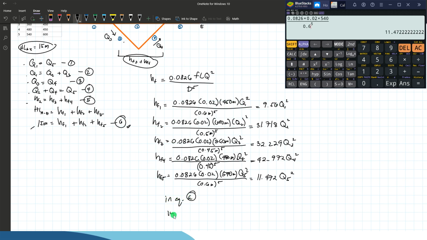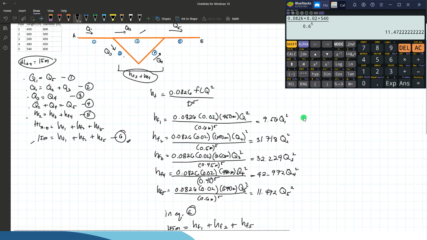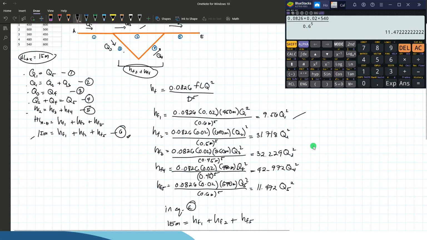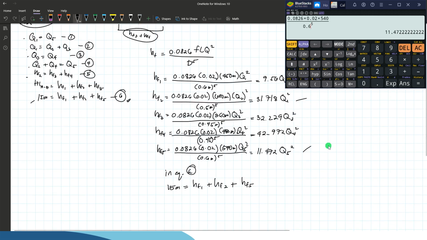We have 15 equals to hf1 plus hf2 plus hf5. So substitute now hf1, hf2, and hf5 values: 15 equals 9.56 q1 squared plus 31.718 q2 squared plus 511.472 q5 squared.